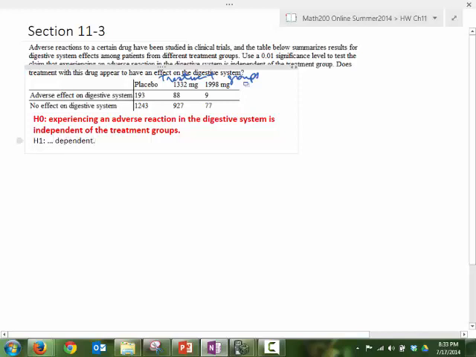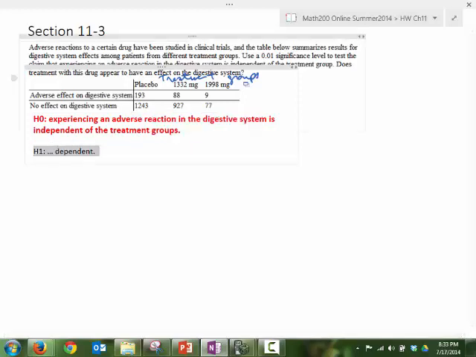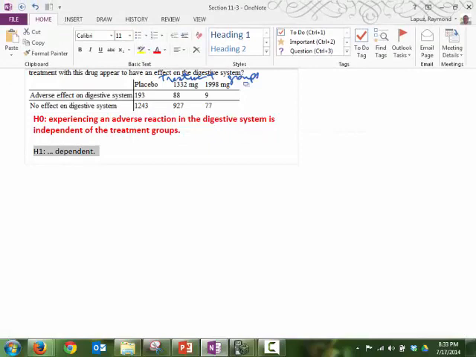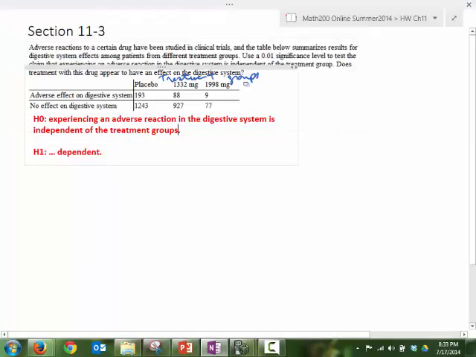I just say dependent. So this is our setup. This, by the way, is our claim.